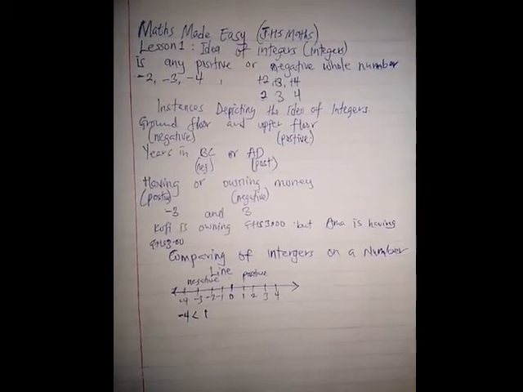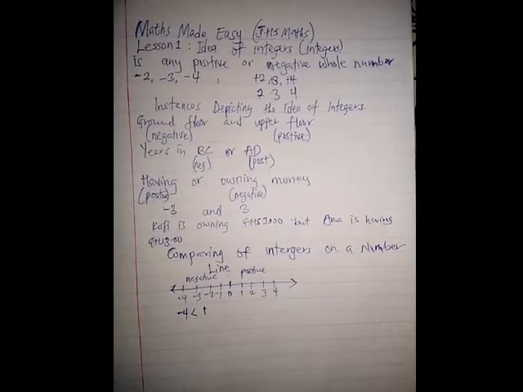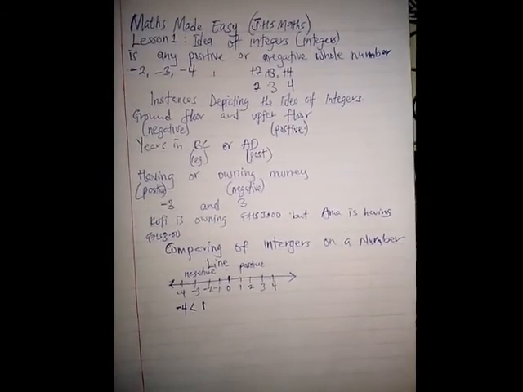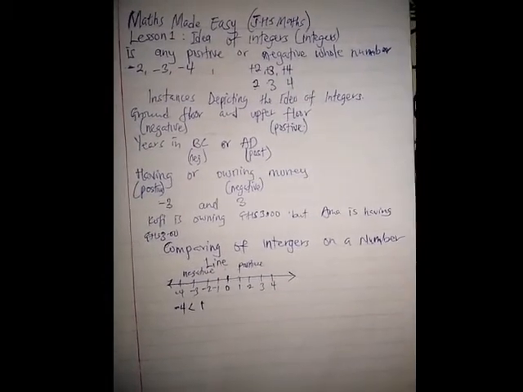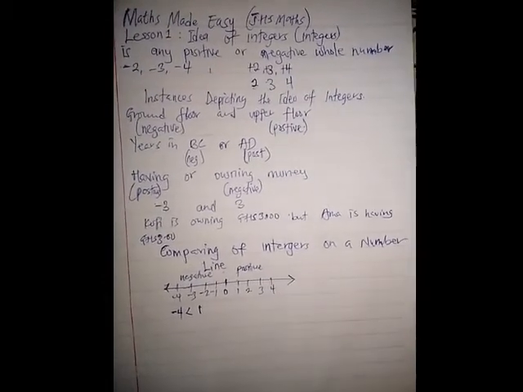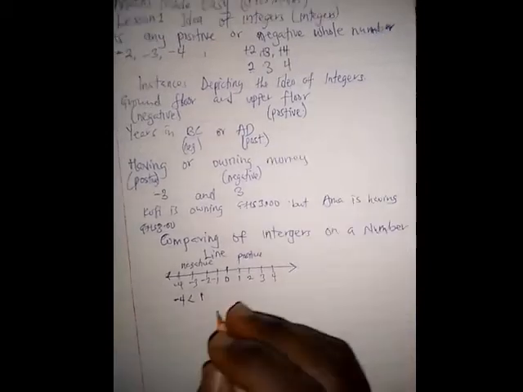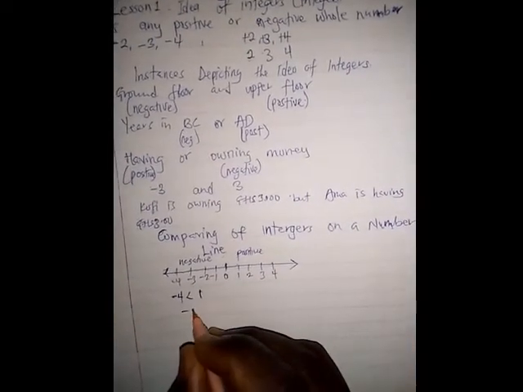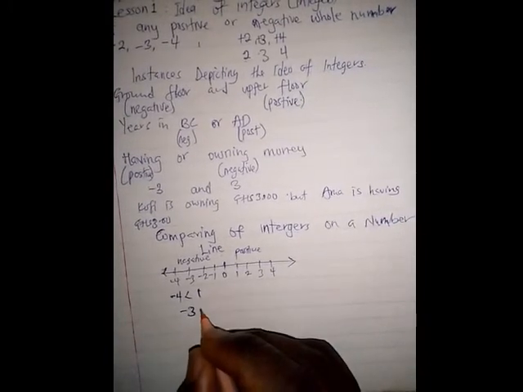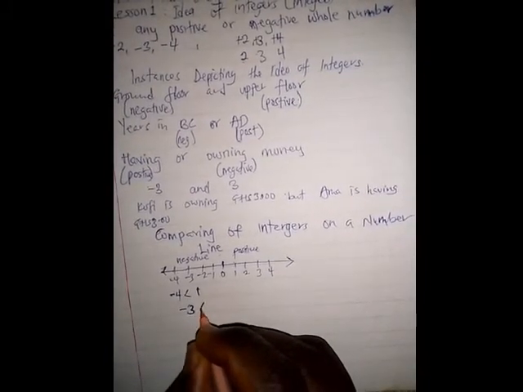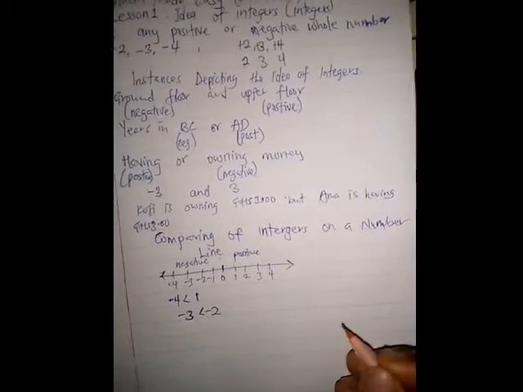And also any number which is at the left side of a certain digit will be less than that digit. So you could see we have -3 being at the left side of -2. This makes -3 less than -2.